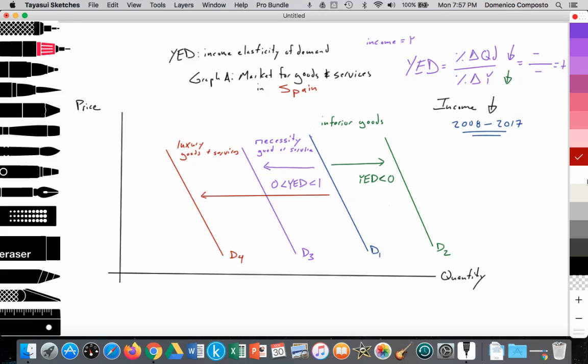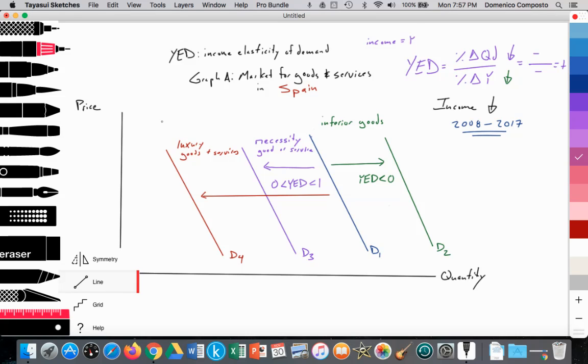And then we also want to highlight that this entire area from D1 to D4 is covering the normal goods, versus the inferior goods. So again, we have income falling, demand falling for necessities and luxuries.